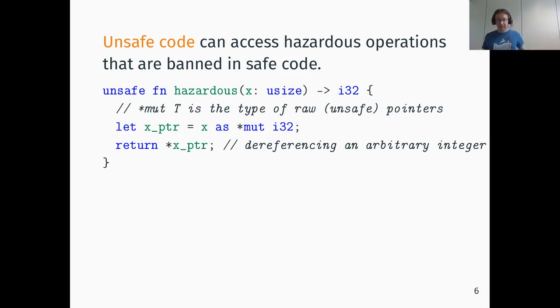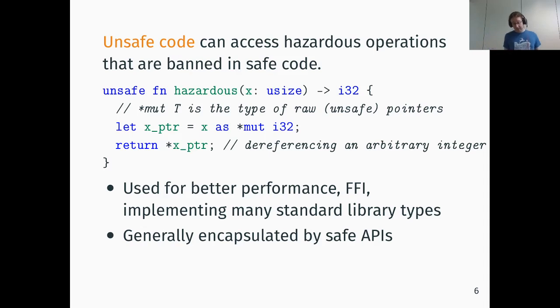And of course, all sorts of things could go hilariously wrong here, just like if you did the same thing in C. Unsafe Rust is needed, for example, to do FFI, which means interacting with programs written in other languages. That's a very common source of unsafety in basically every safe language. And it's also used in Rust, in particular in the standard library and other low-level libraries, to get better performance.